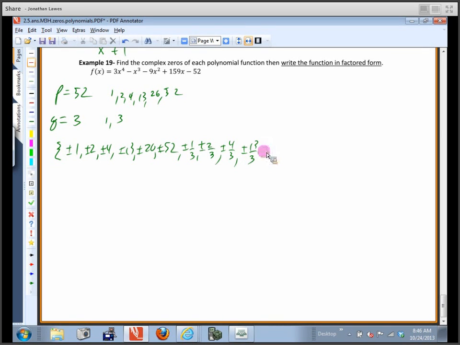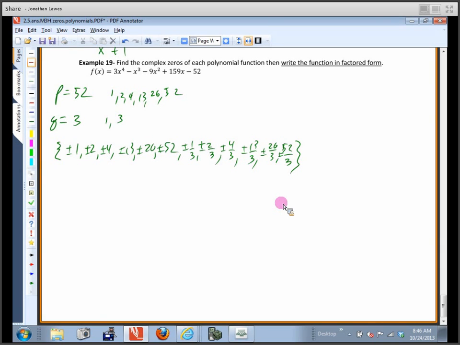This is starting to hurt, isn't it? Plus or minus 26/3. And then 52, if you divide 52 by 3, you end up with, oh, no, yeah. So, yeah, we do have that, 52/3. Plus or minus 52/3. That's one ugly mess, isn't it? Any mistakes here?